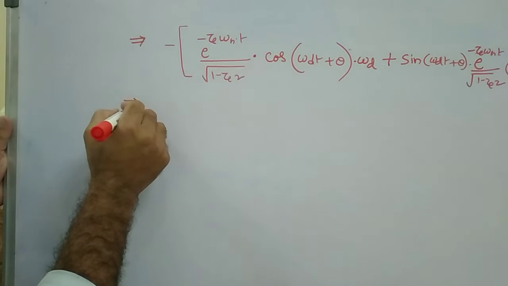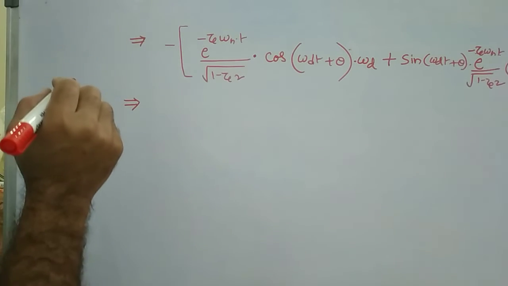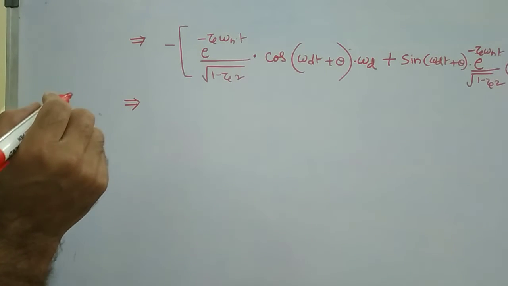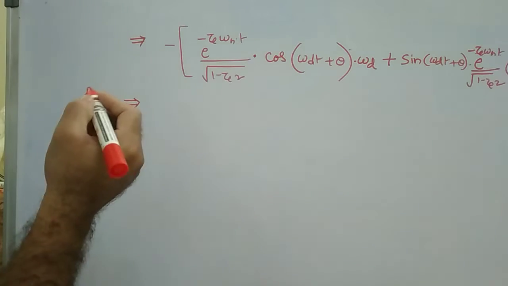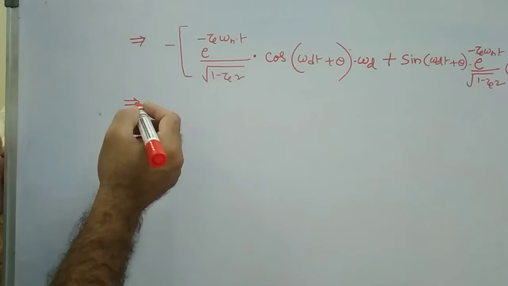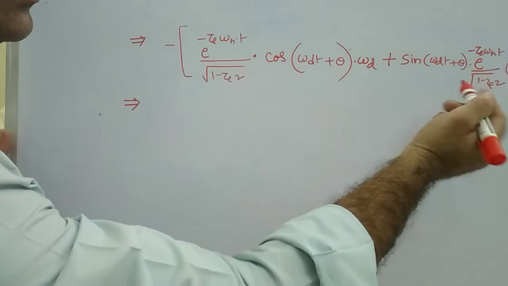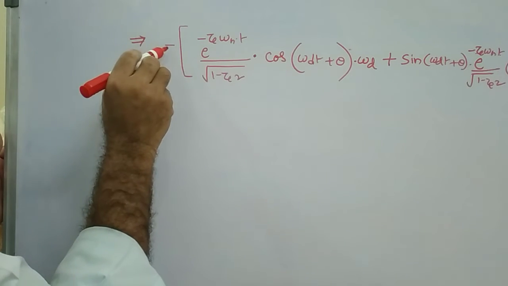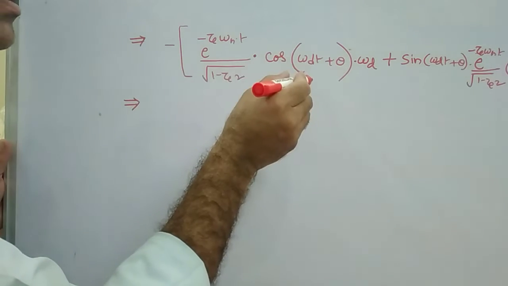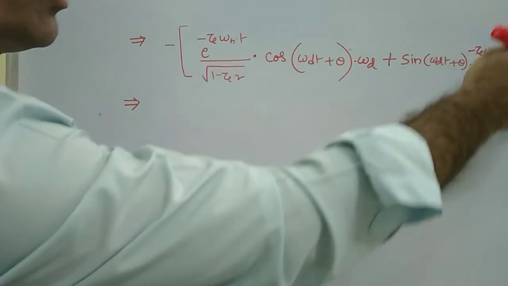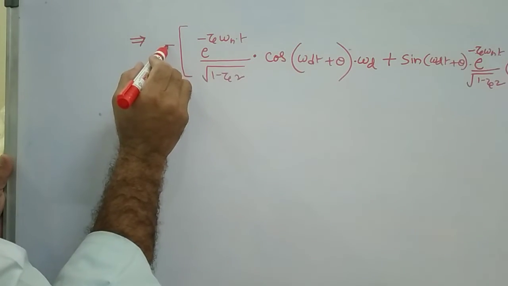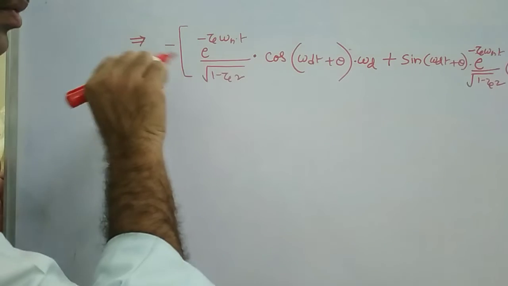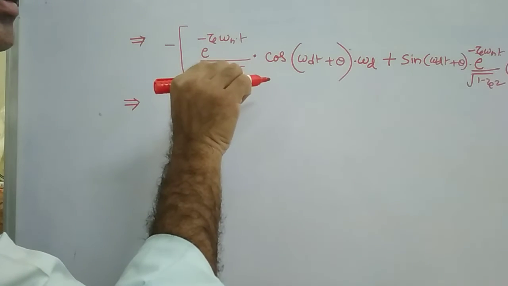This implies, now, for our simplicity, the outside minus is there, you bring this minus inside the bracket. This is the total square bracket. You just put this minus inside the bracket.